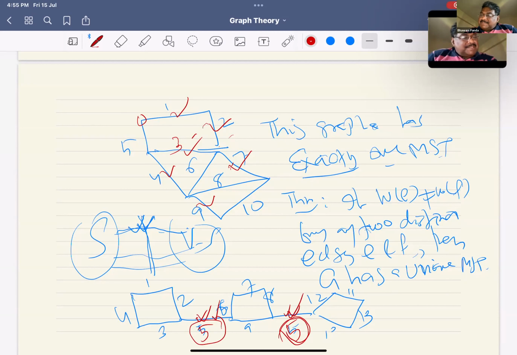Every spanning tree, not only a minimum spanning tree, will contain these two edges. And in the cycle, no two edges have the same edge cost, so you have a unique MST. Right? Yes, sir. Okay.